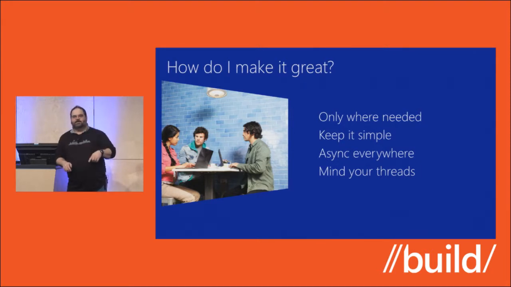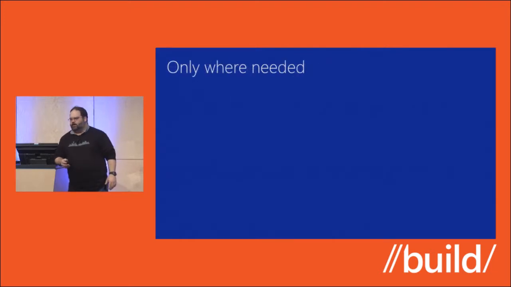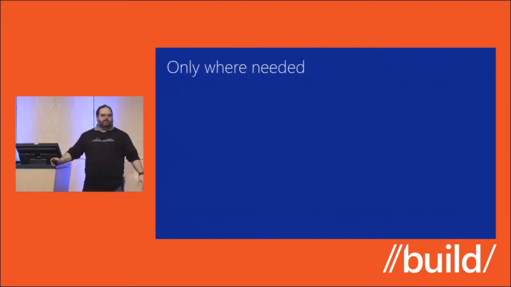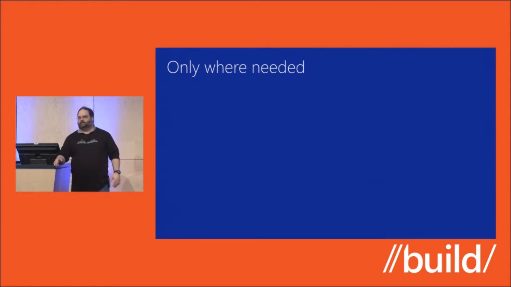You're going to want to use the async pattern, and we're going to talk about issues that are going to come up as you start to do that. We're going to talk for probably a third or half the talk about issues that will come up around threading when you start to do those things. So use the Windows runtime infrastructure only where you need it.